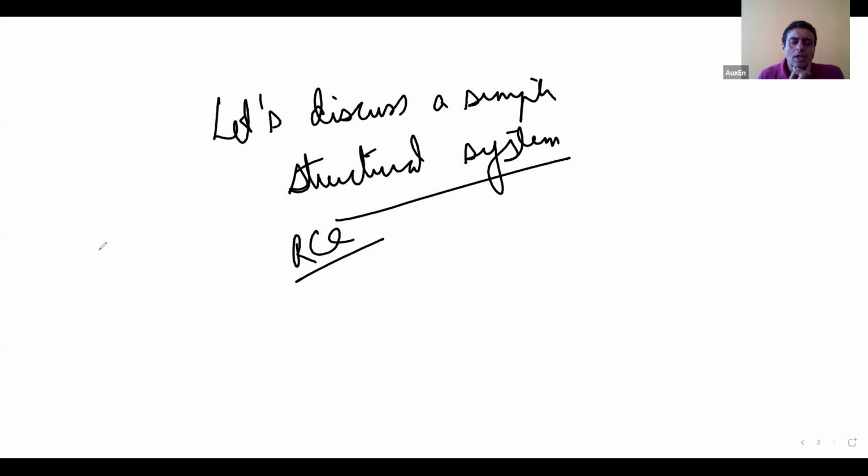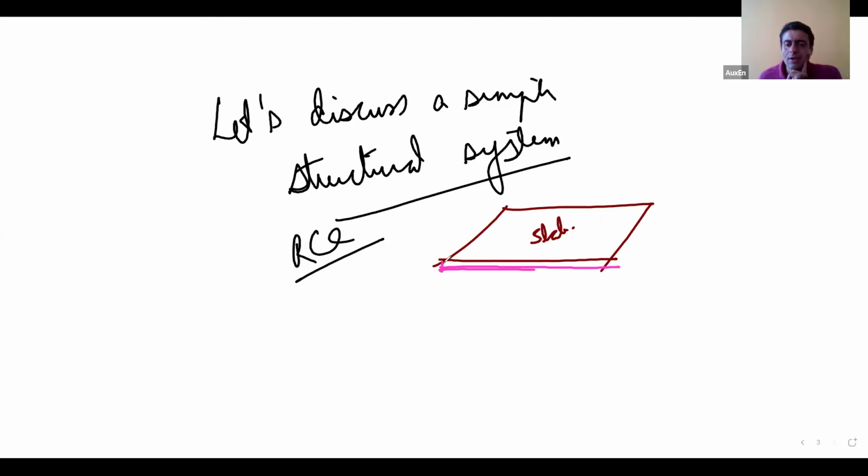Yes, tell me. So first we have to come up with a 2D system which takes care of the area load. So let's say I have a slab. Then these slabs will transfer their loads to one-dimensional elements which are oriented along the length, and their main purpose is to carry loads along one direction. These are called what? Beams.